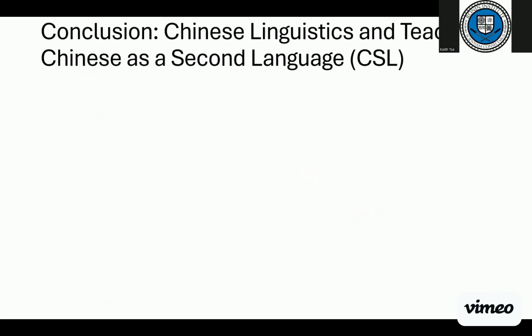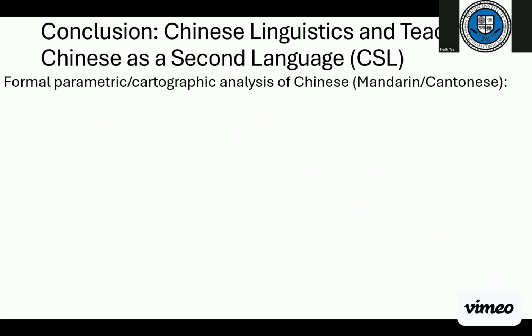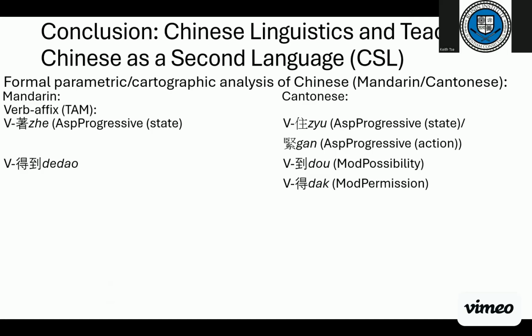All right, so just to conclude, there are these formal comparisons between different forms of Chinese that we can pick out. If we compare Mandarin and Cantonese, first of all, in terms of verb endings that express different types of TAM values, Mandarin has 着, whereas Cantonese has 句 and 緊 that express state or action, respectively.